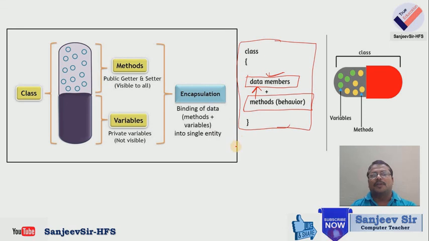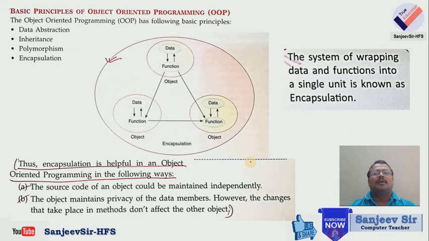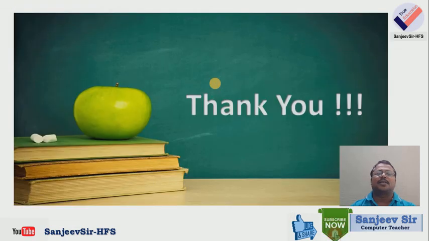Here you see three different objects. The source code of each object can be written independently, wrapping its data and functions, and they interact: this function interacts with that function, and that function interacts with the data. This is known as encapsulation.